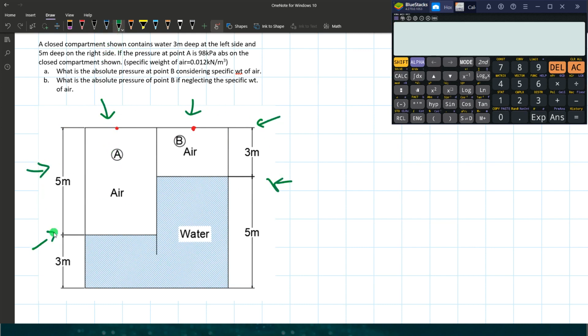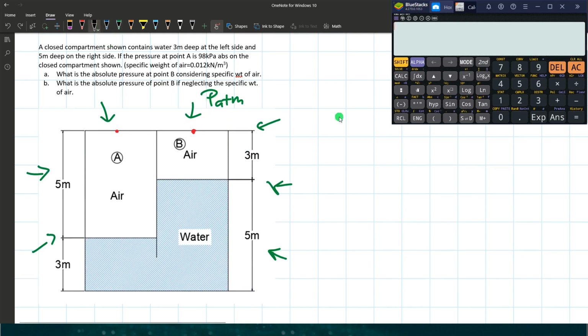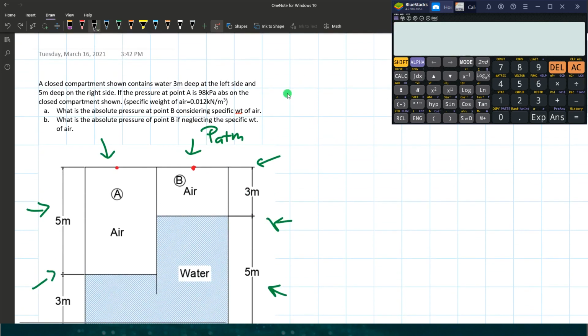So atmospheric pressure will not affect the gauge pressure at point A and point B. Let's just compute the gauge pressure, and that will also be the absolute pressure since this is a closed container.